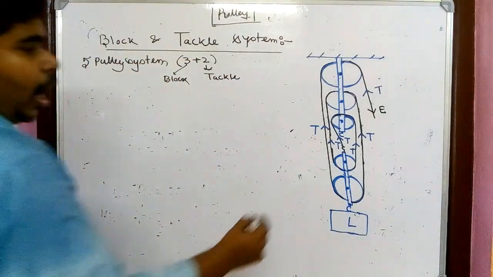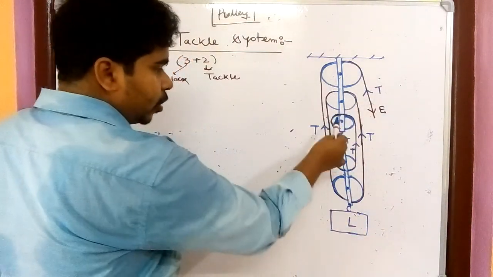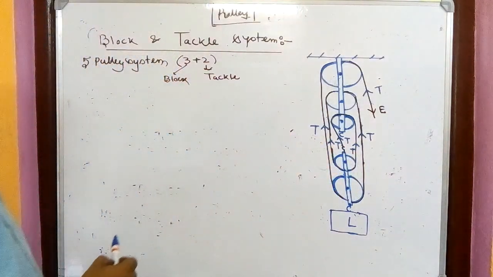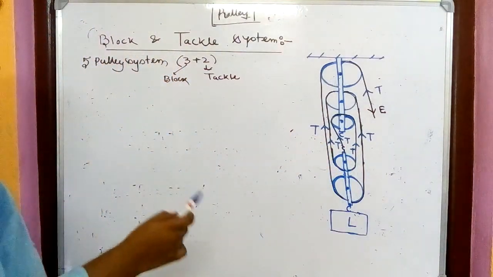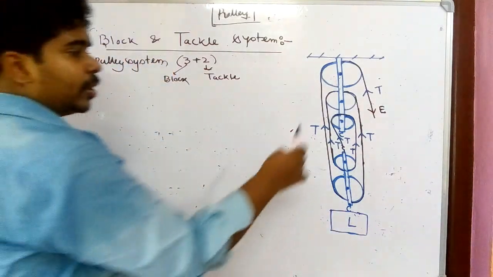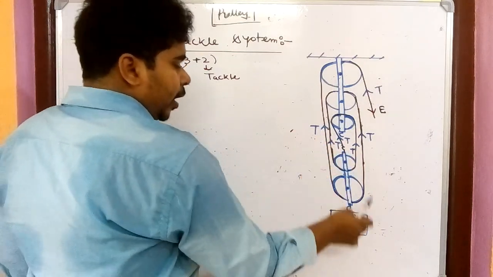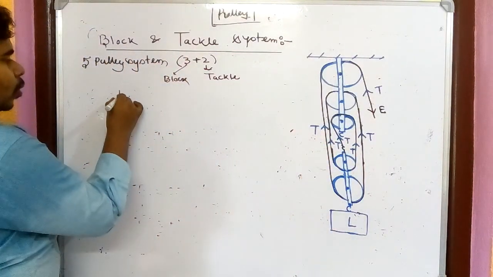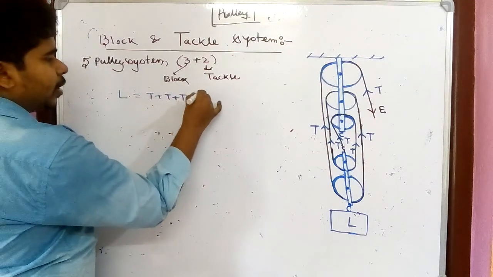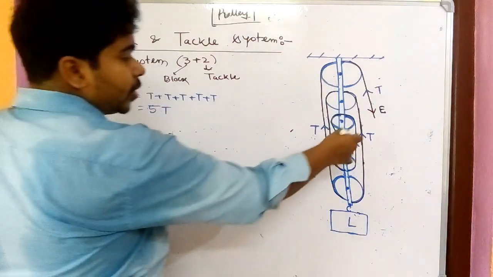You see how many strands of string, 1 2 3 4 5 strands of string, that balance the load. So the tension in 5 strands of string is balancing the load. So load is equal to T plus T plus T plus T plus T, that means 5T. 5 tensions are there.